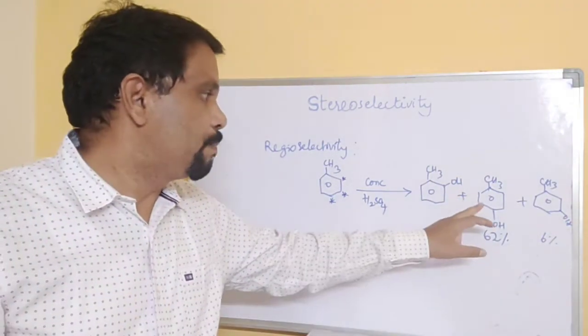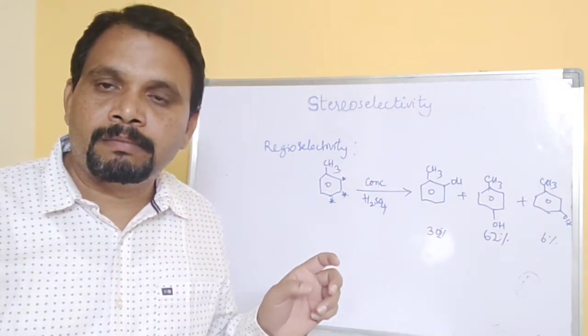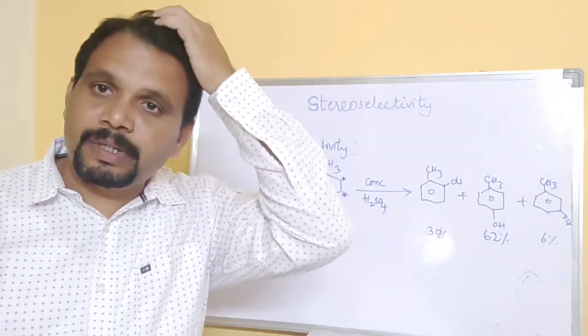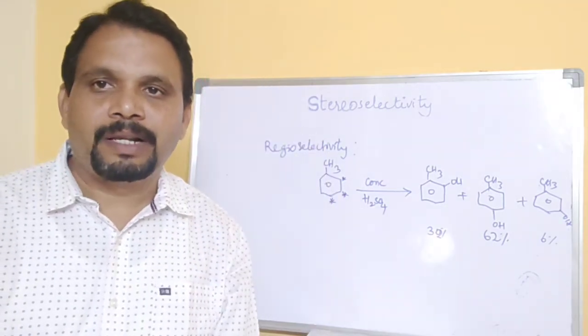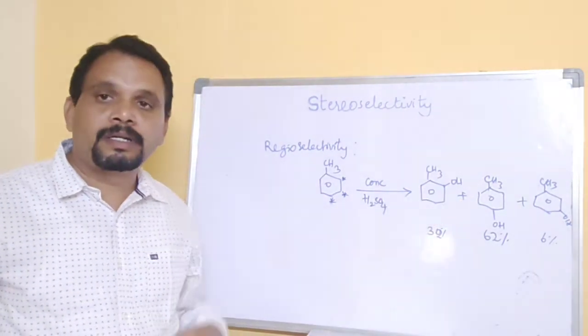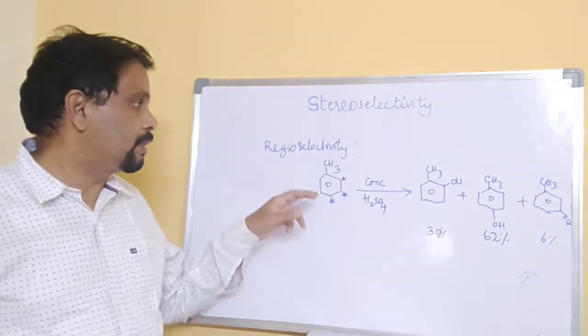This para compound forms predominantly or preferably over the other possible isomers or regioisomers. So this is known as regioselectivity.